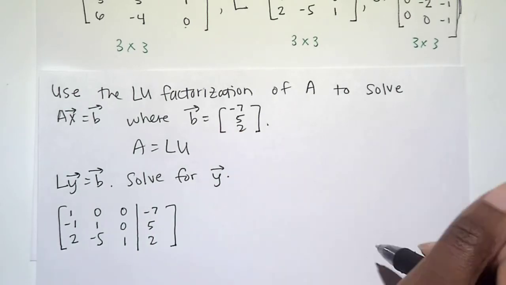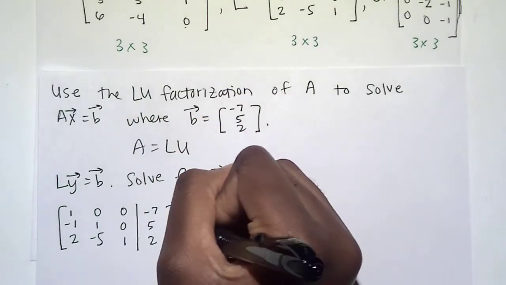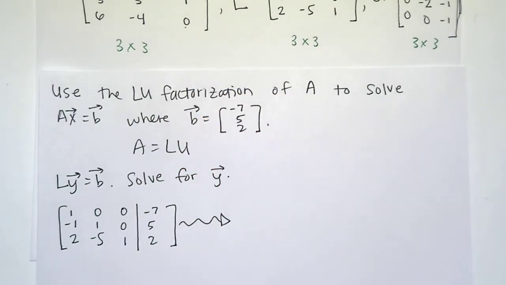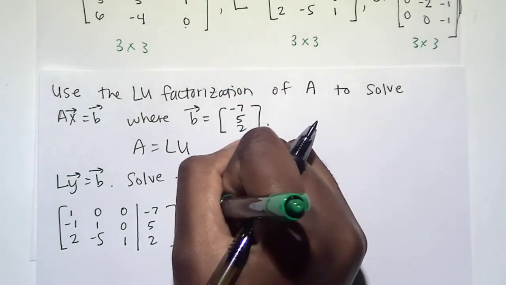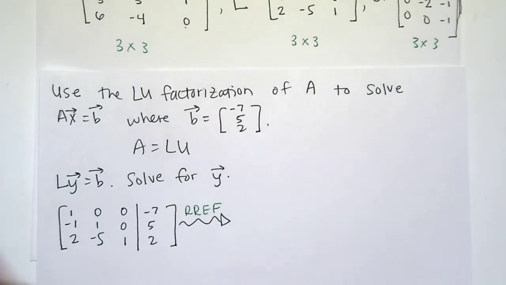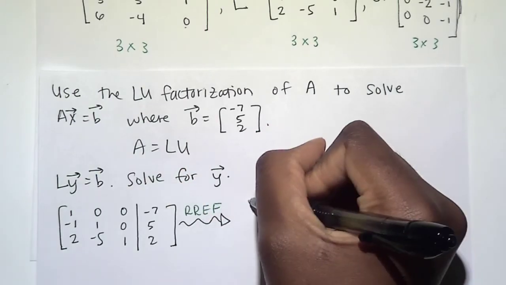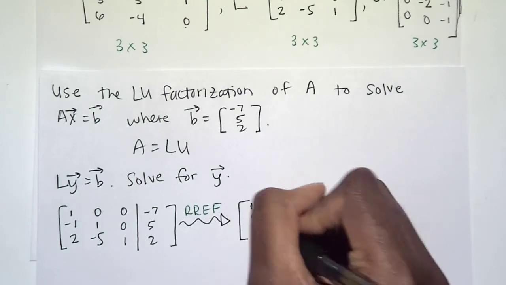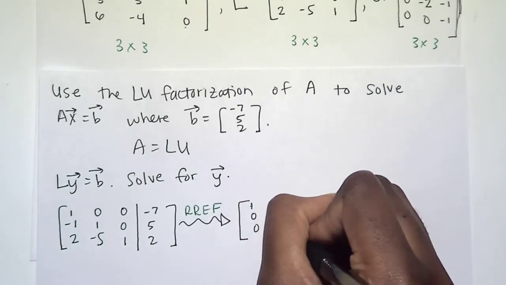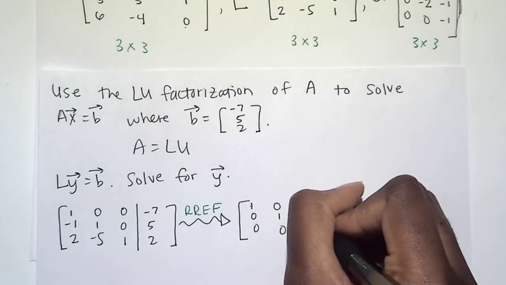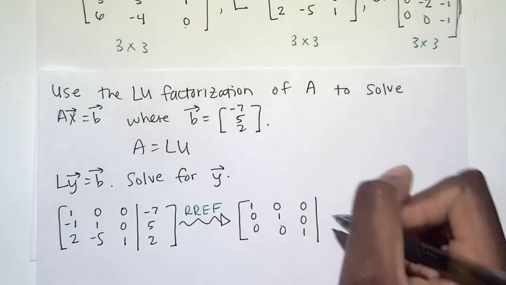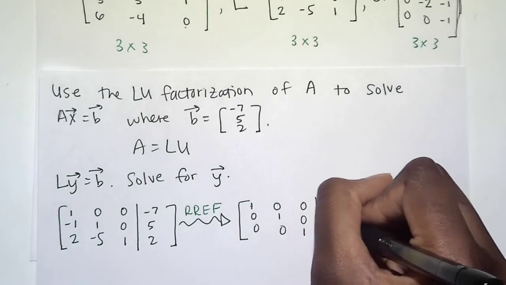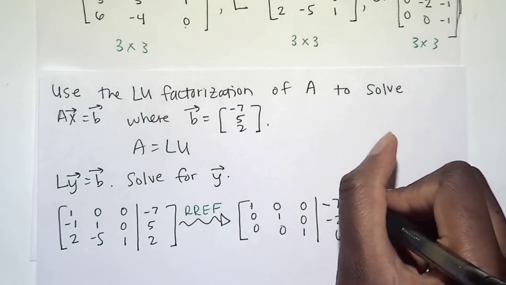All right, and then when we go through the process of row reducing it, I'm going to go ahead and just give us the answer. Putting in RREF. All right, so down the columns, I have 1, 0, 0, 0, 1, 0, 0, 0, 1. -7, -2, 6.